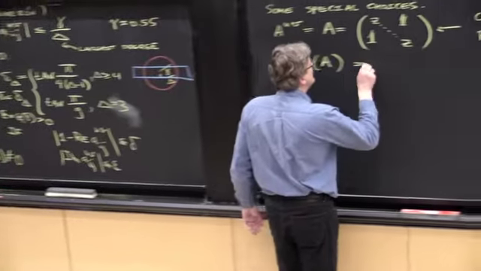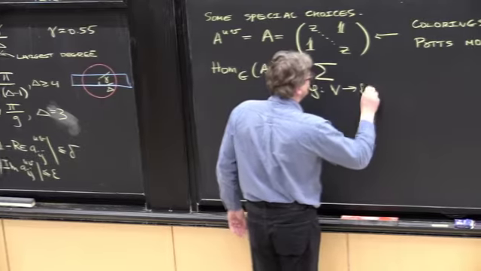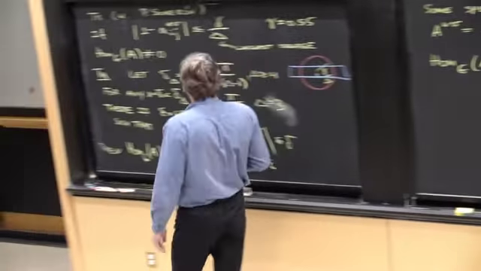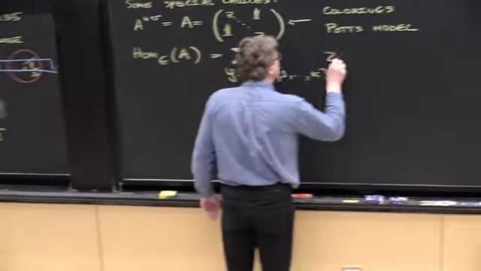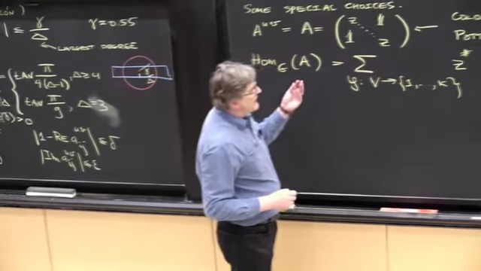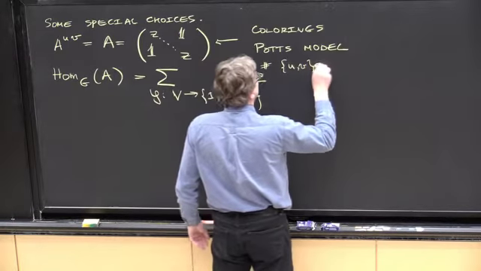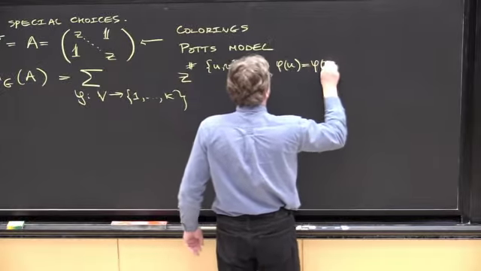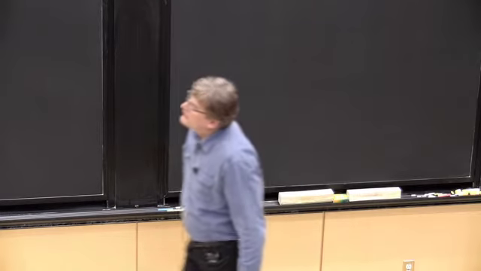So what you do, you still take the sum over all colorings, so k colors, or if you're a physicist, you say spins, and then what you do, you take z to the number of monochromatic edges, number of edges uv such that the coloring on the endpoints coincide, all right?